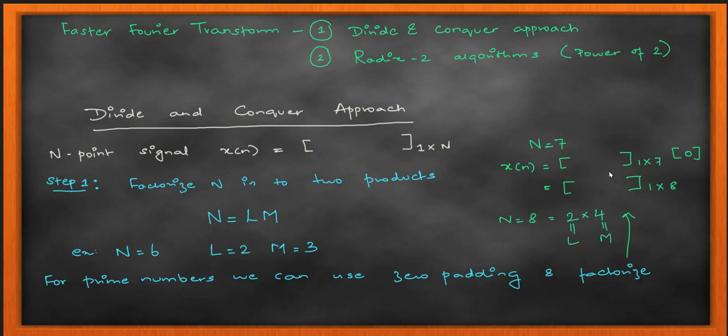Now, is this divide and conquer approach restricted to only non-prime numbers, since when it is a prime you can't do factorization? It doesn't matter, because when you have a prime number, you just do zero padding and go ahead with factorizing. So there is no restriction for this algorithm.